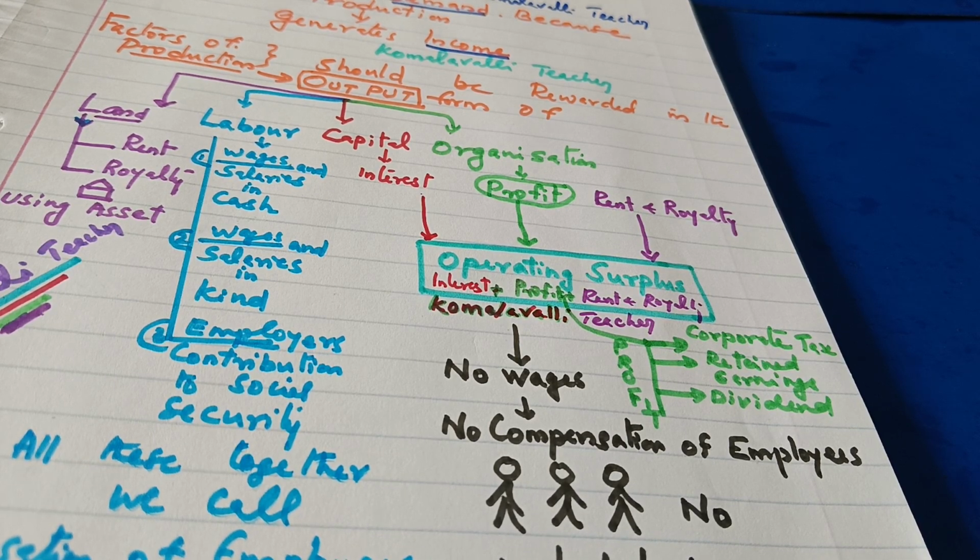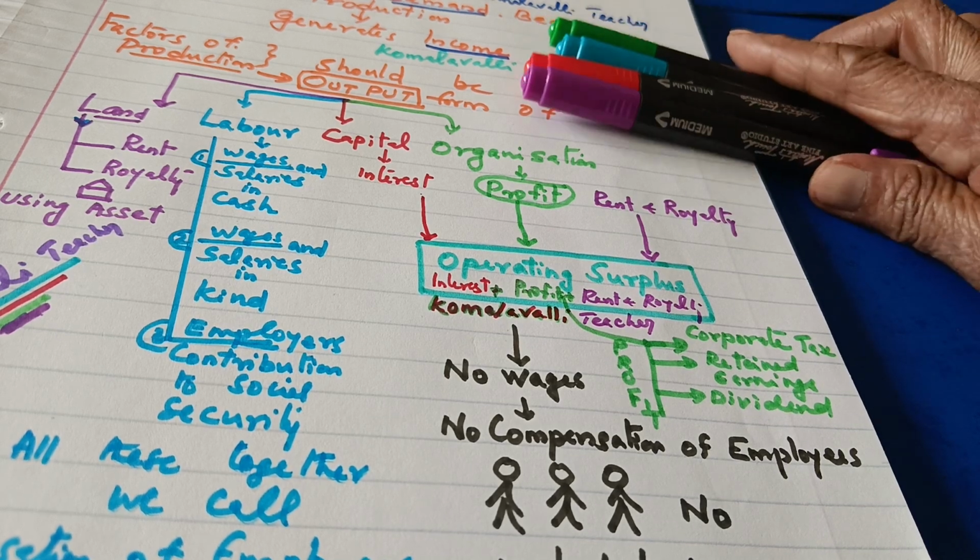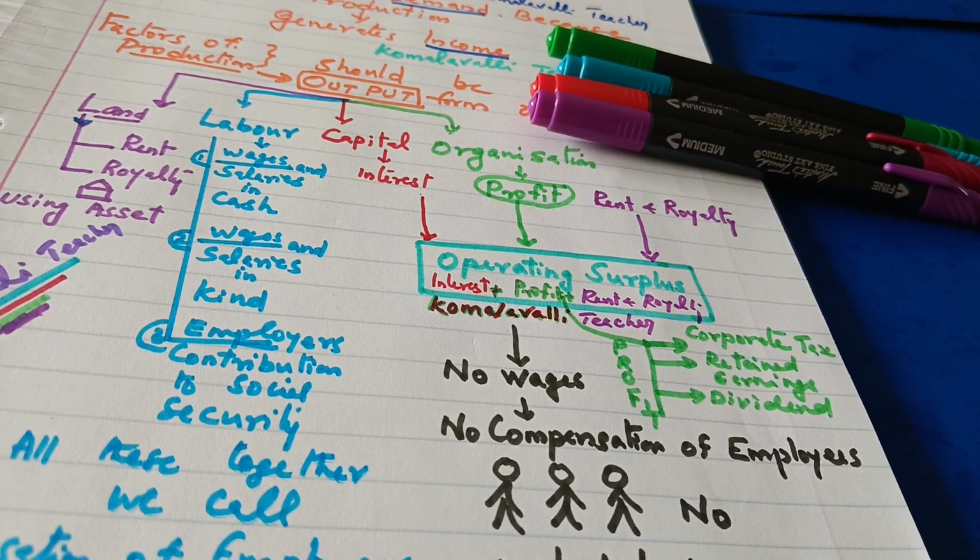These together, interest, profit, and rent and royalty, we call operating surplus. So when we say operating surplus, the wages should not be there. The labor reward should not be there. With the colors I have shown this, remember that the blue is meant for the labor.